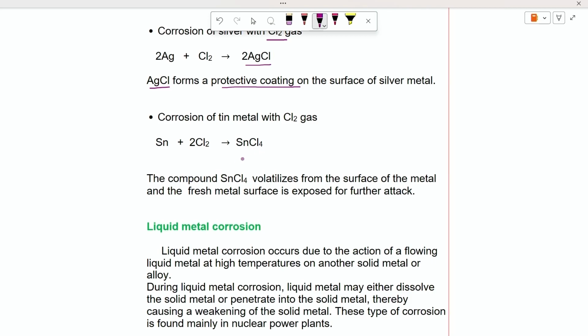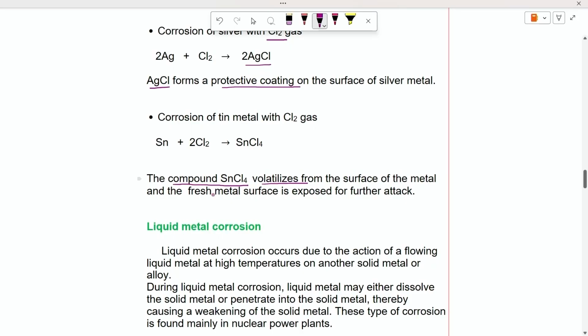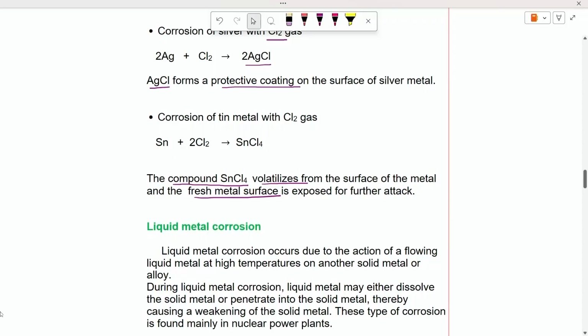Now, this tin 4 chloride is highly volatile, and therefore the compound stannic chloride volatilizes from the surface of the metal, leaving a fresh metal surface, which is again exposed for further attack by chlorine, or it is getting further corroded. If we have a protective coating, the metal is saved, otherwise the metal is again prone to more and more corrosion.